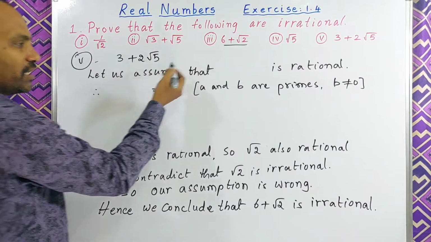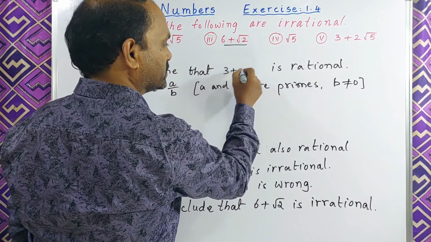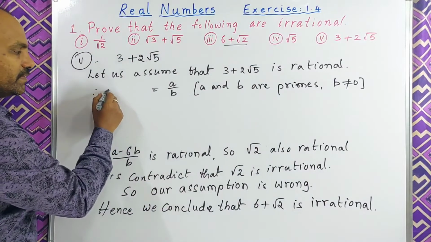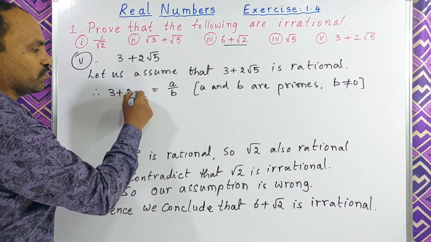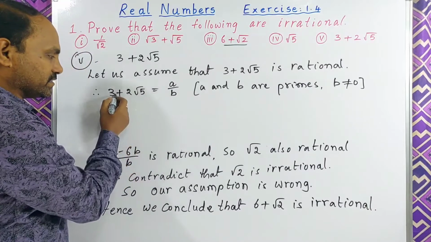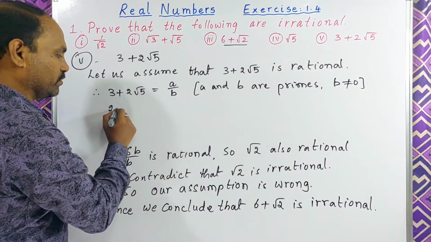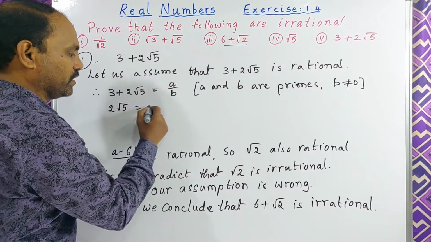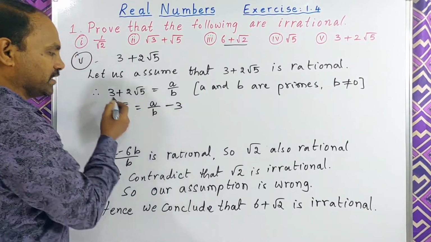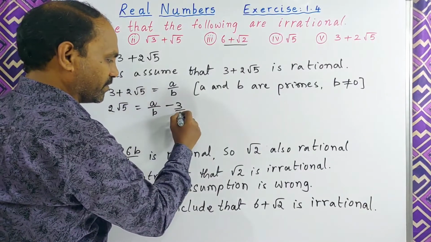Same, let us assume that 3 plus 2 root 5 is rational. What does it mean? Therefore 3 plus 2 root 5 is equal to a by b, and then send this 3 to that side.